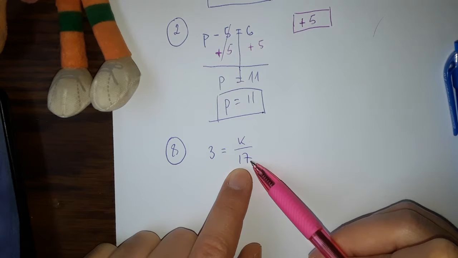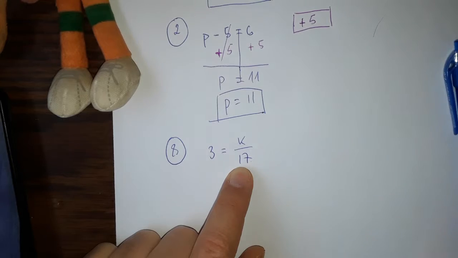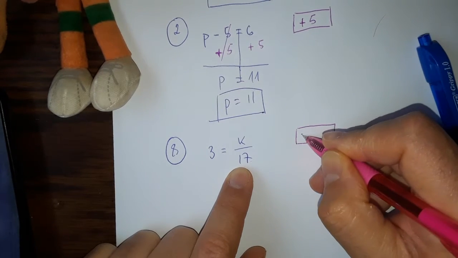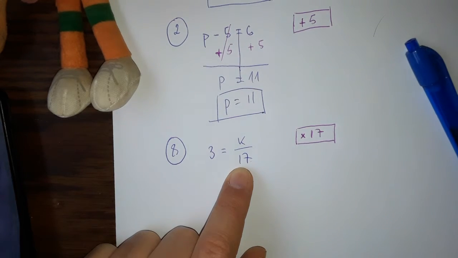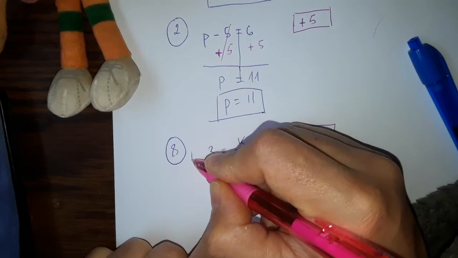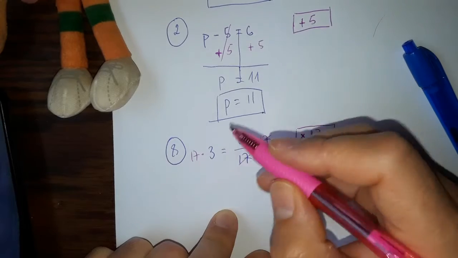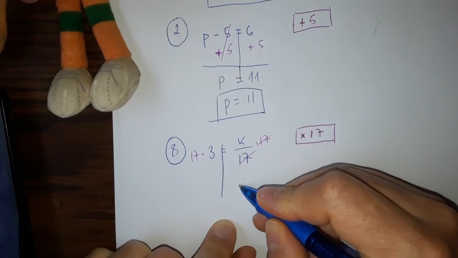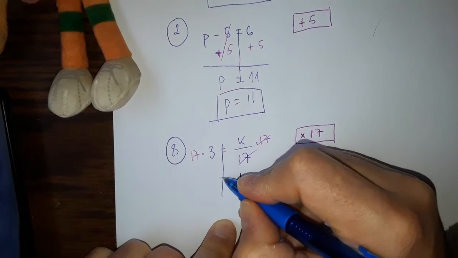What's the opposite operation of dividing? Multiplying. So what we're doing is we have to multiply times 17 each side of the equation. So we're going to multiply here 17, here 17, and we're going to get rid of this, right? And what we have is that K equals 17 times 3.